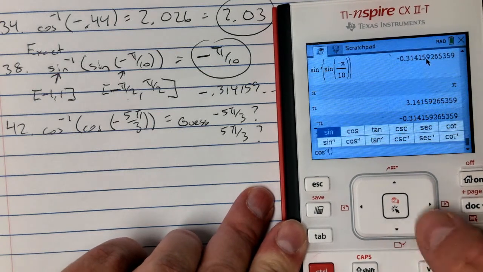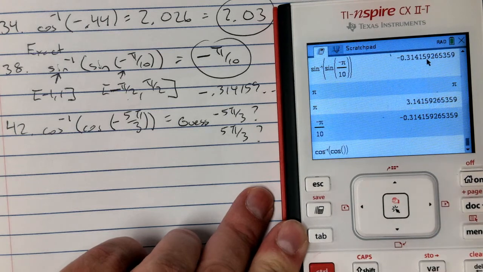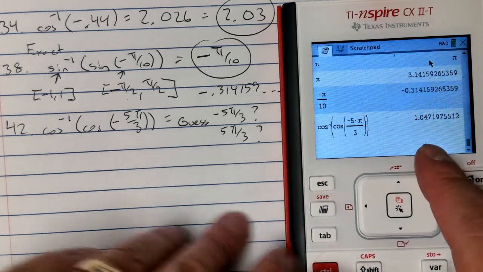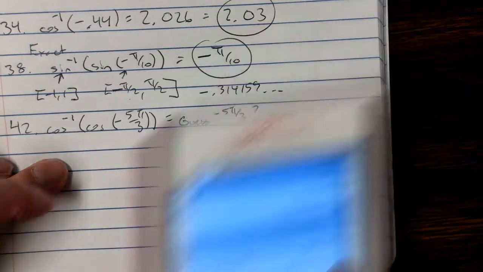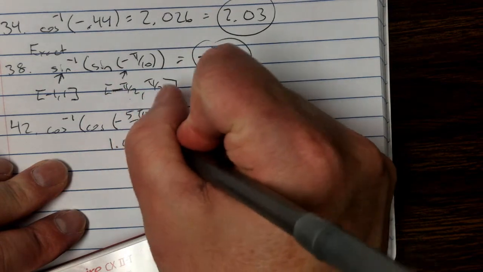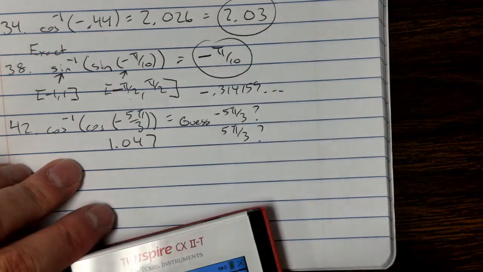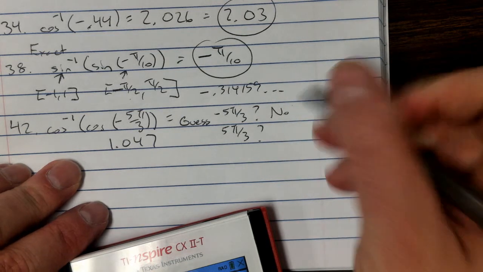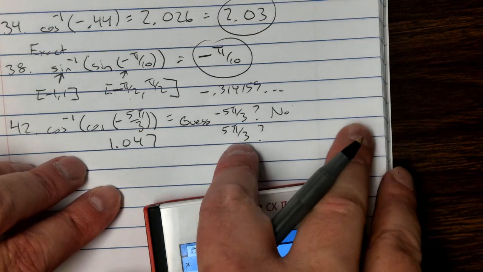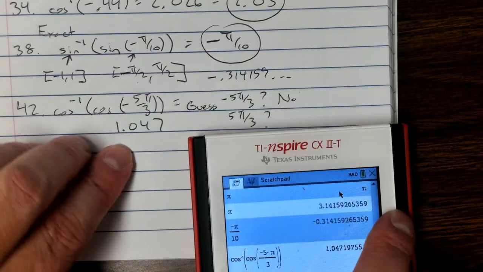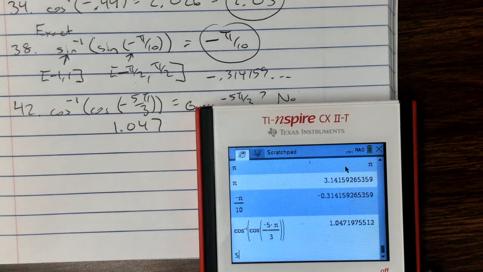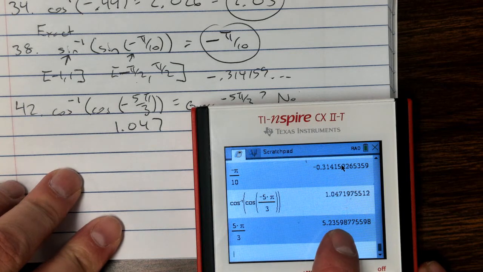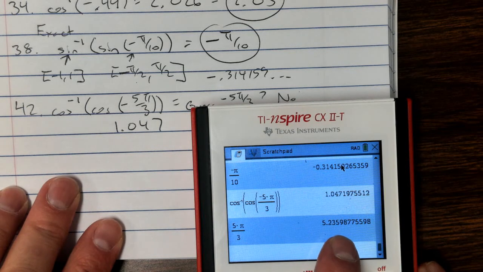Cosine -1 of cosine of -5 pi over 3. It's 1.047, and so we know it wouldn't be the positive. Now is 5 pi thirds related to this? No, because that's 5.23.